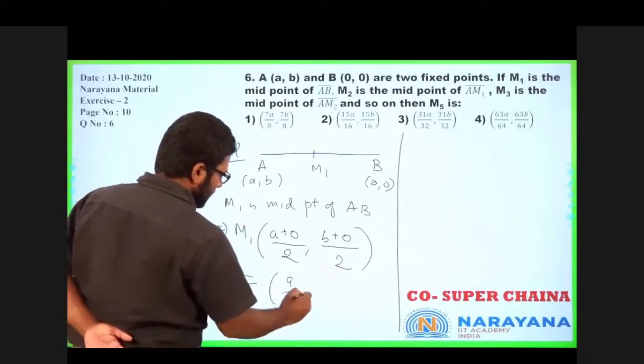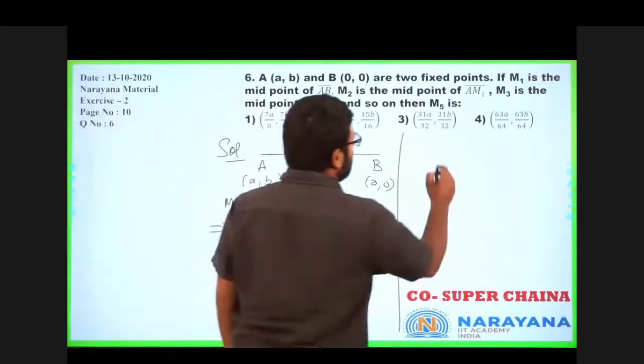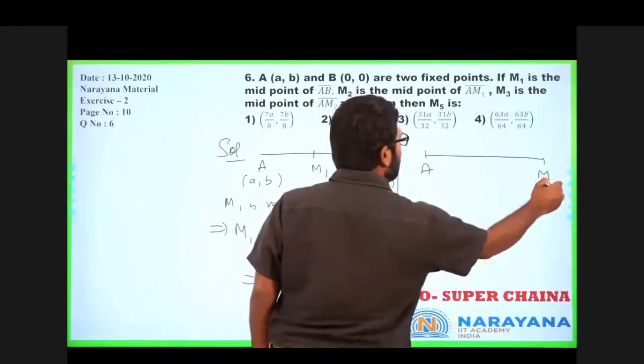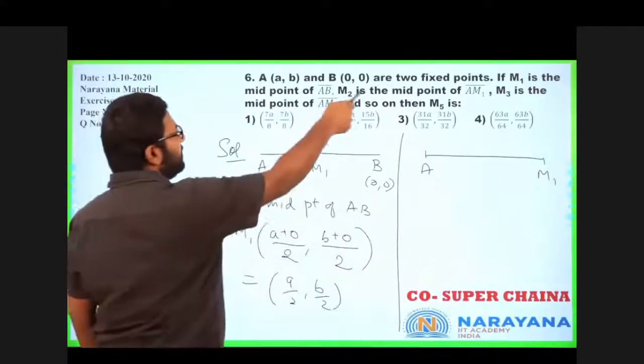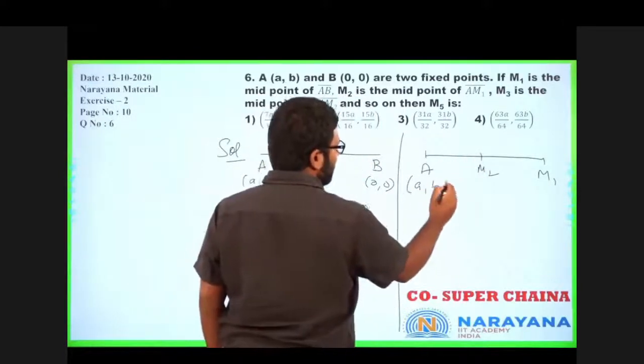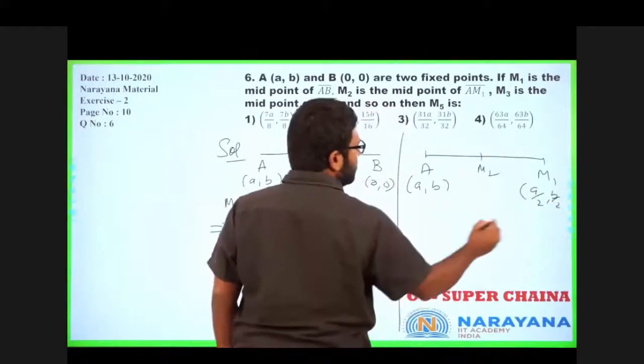Which is A by 2 comma B by 2, right? And then M2 is midpoint of AM1, right? So this is A comma B, this is A by 2 comma B by 2, right?